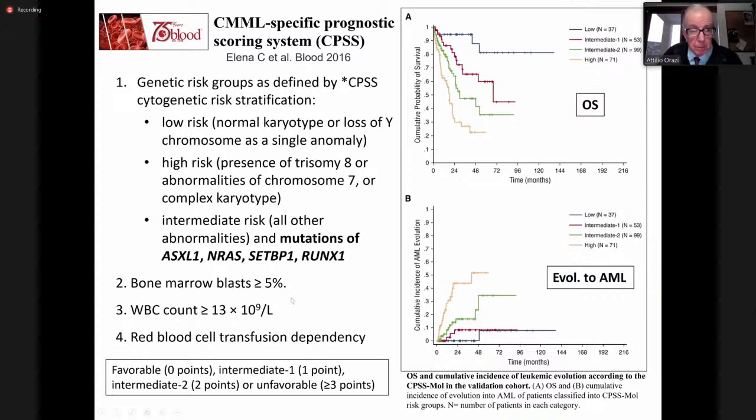Then there is bone marrow blast, more than or equal to 5%, and a WBC count more than 13,000. We are going to cover that in a second. That's the proliferative type of CMML. The 13,000 per microliter is the cutoff between the dysplastic type and the proliferative type. Also the transfusion dependency, and this is the way you add up all this to create those curves.